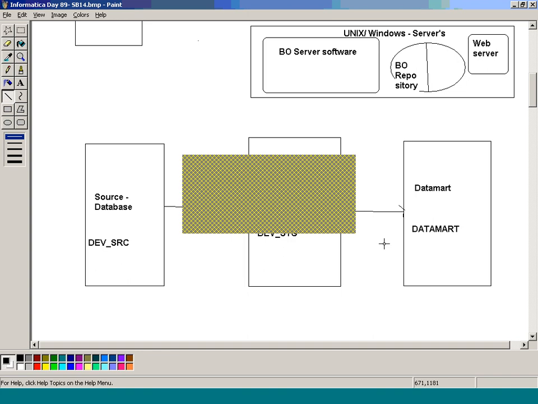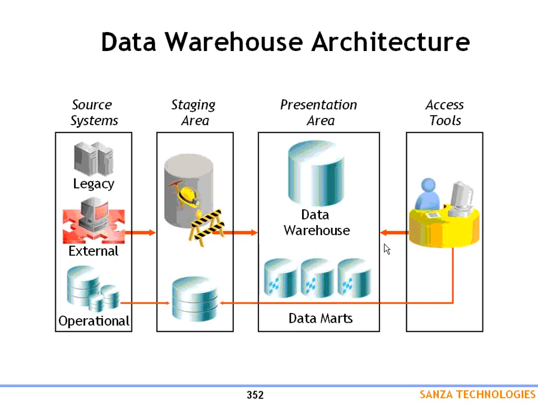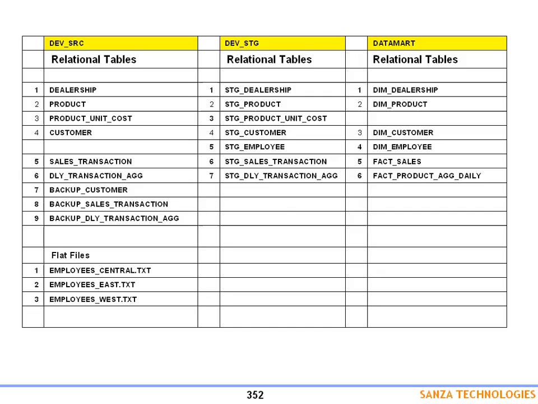So I have 3 databases: source, staging, and the data warehouse. In the source relational tables, I have these tables. I'm going to load the data into the STG tables, and from the STG tables, I load into the data mart.